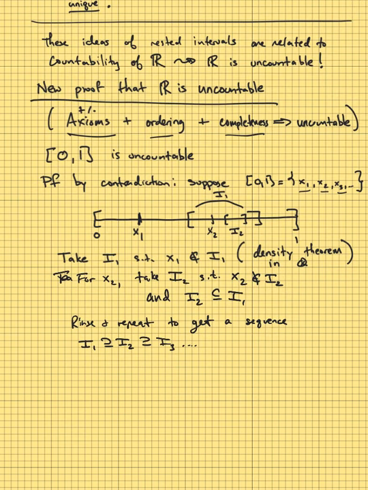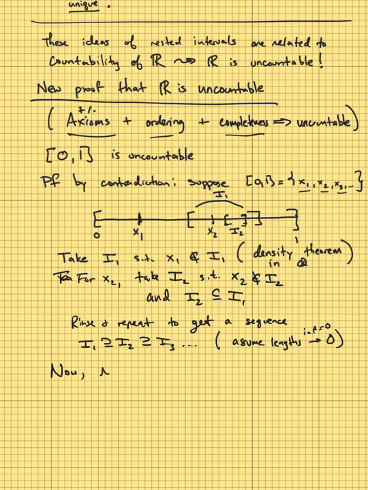If I want, this isn't necessary, but I can also assume that the lengths have infimum 0. Right? I might not have to do that by this procedure, but I can certainly choose intervals that are getting shorter and shorter. Okay?